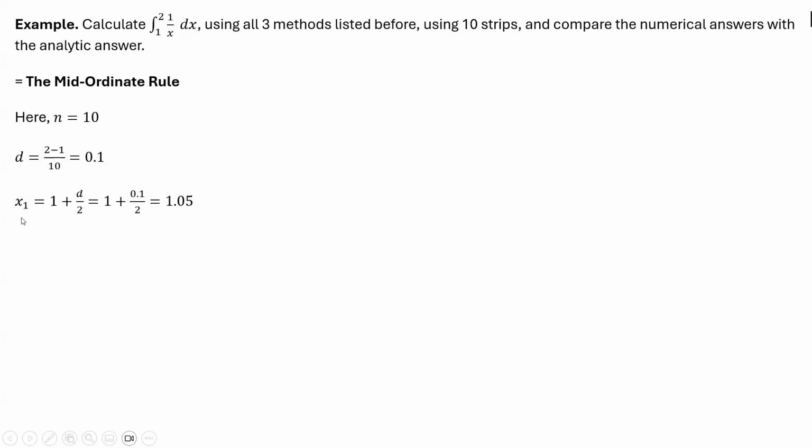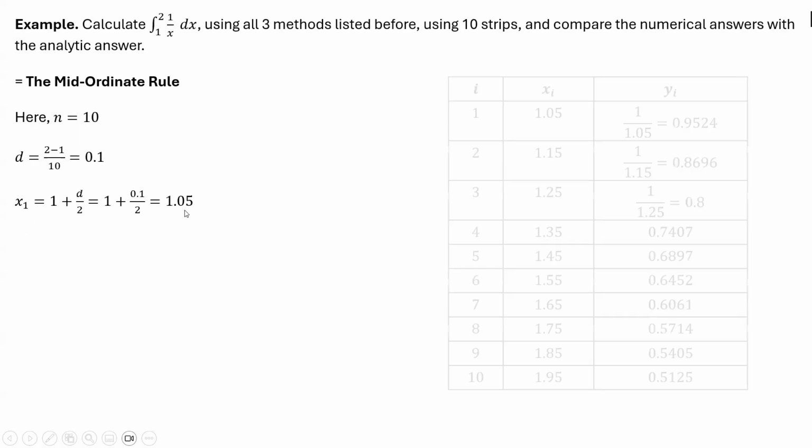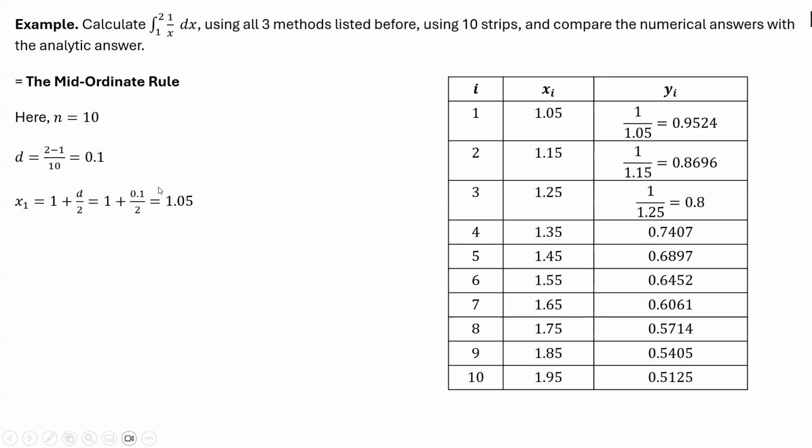If we try to get our first x1, we get 1.05. We put all the xi values into yi, where yi is 1 over x, and we get our yi. Here is the list of all the yi from the table.